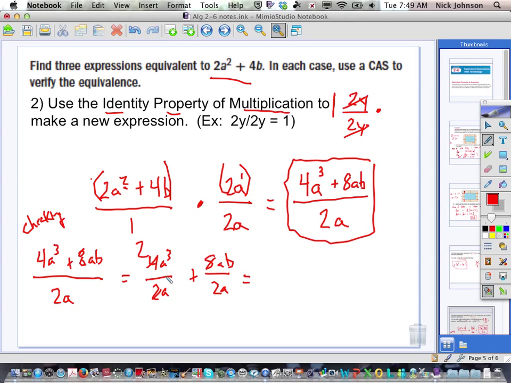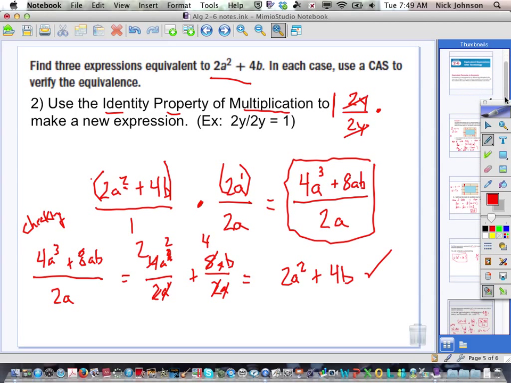I have 3 a's and 1 a down here, so this a takes care of one of these a's, leaving me with 2a squared. Is that what I started with? Sure is. 8 divided by 2 is 4. This a takes care of this a, leaves me with 4b. Is that what I started with? Yes, it checks out. Very simple.